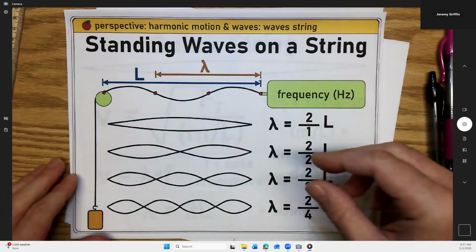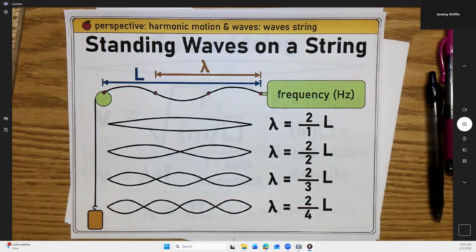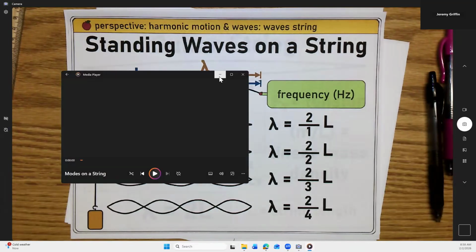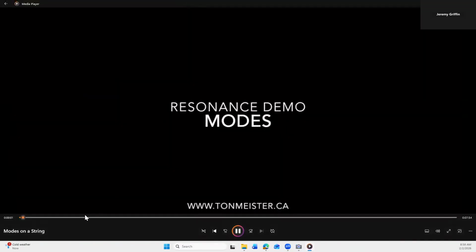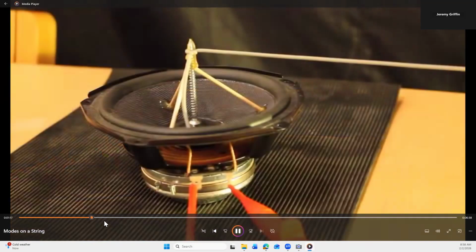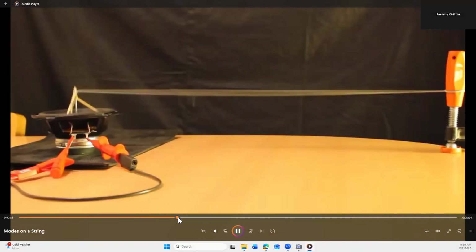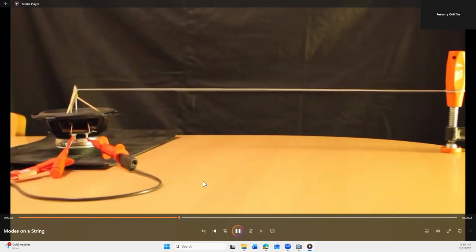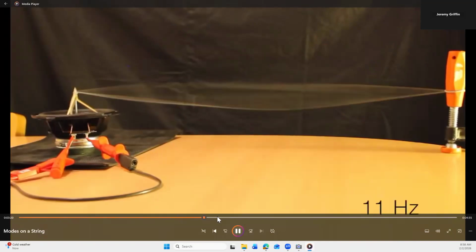You can also set up standing waves on strings. I think I have a video of this to show you in action. They have this oscillator that bounces the string up and down. At some frequencies it'll set up a standing wave.